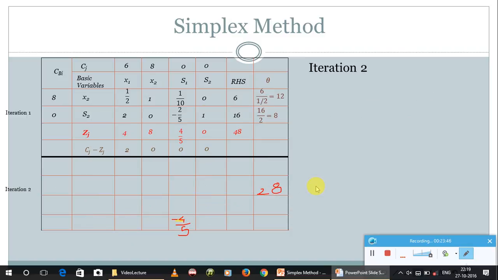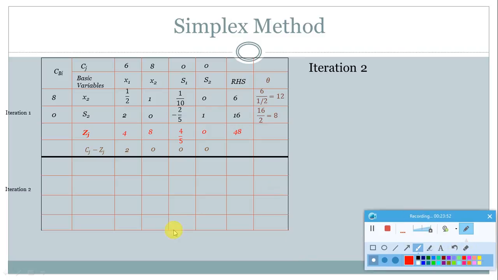Iteration 2. The new variable which is entered into the basis is x1, whose coefficient is 6. x2 has already entered the basis, and it will remain as it is. Its coefficient is 8. The values of these rows are calculated in such a way that the matrix formed by the basic variables must be a square matrix.